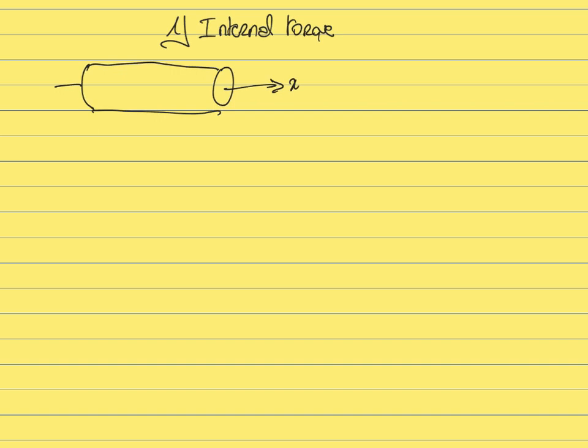You need to be careful, because a torque is something that is three-dimensional. It's something that is twisting the member along its longitudinal axis. So when you draw the torque in two dimensions on a piece of paper, you need to be careful how you draw it.